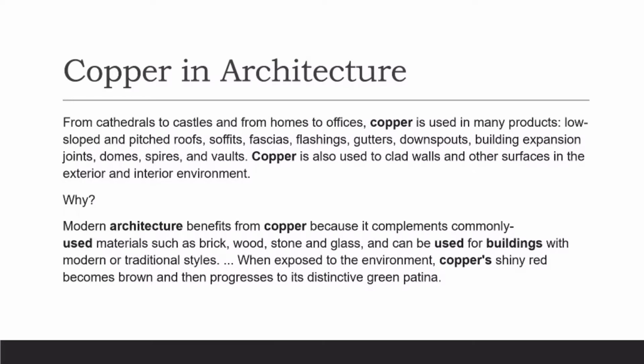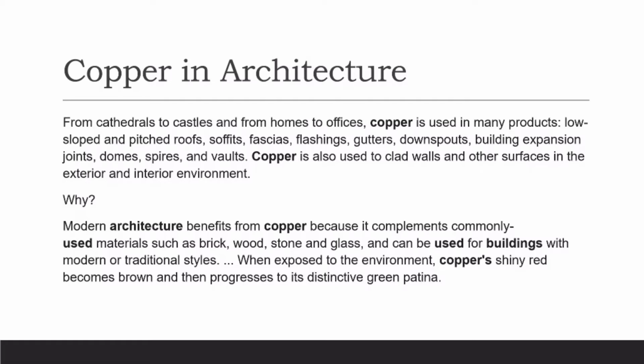From cathedral to castle and from home to office, copper is used in many products like low slope and pitched roofs, soffits, fascias, flashing, gutters, downspouts, building expansion joints, domes, spires, and vaults. Copper is also used to clad walls and other surfaces in exterior and interior environments.